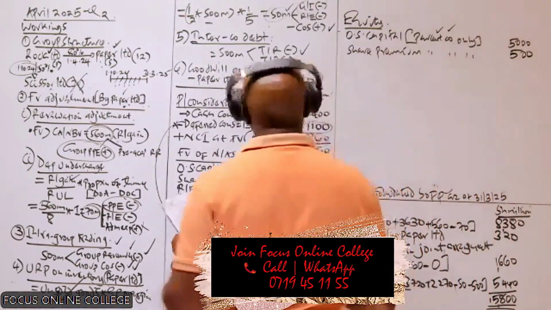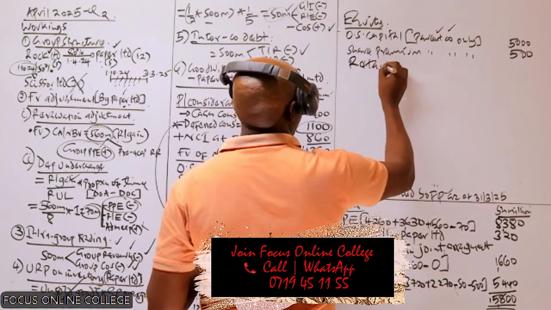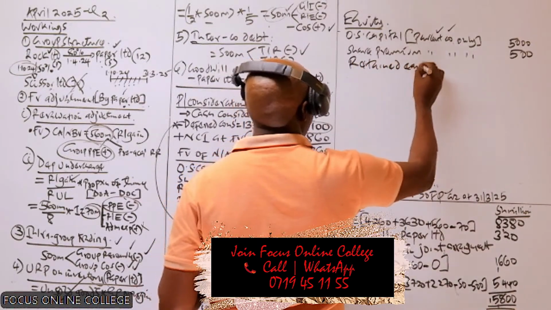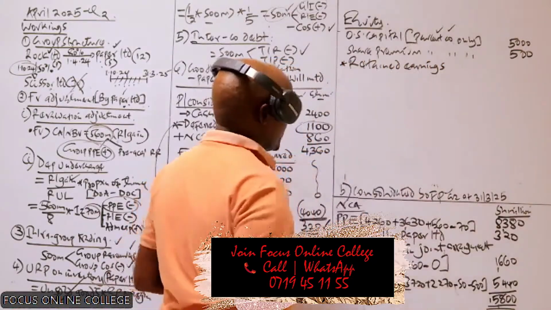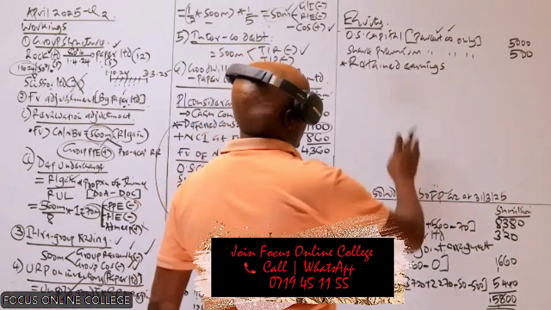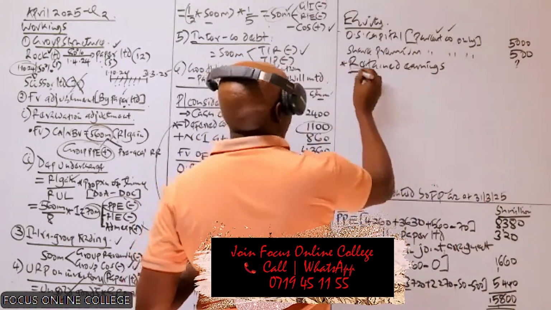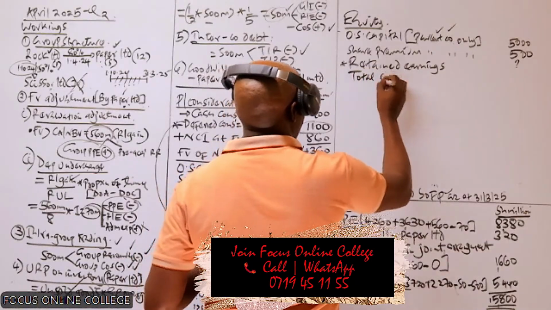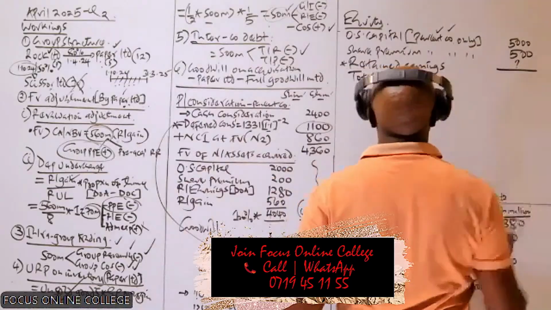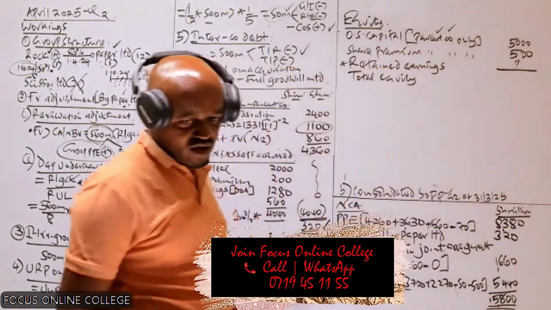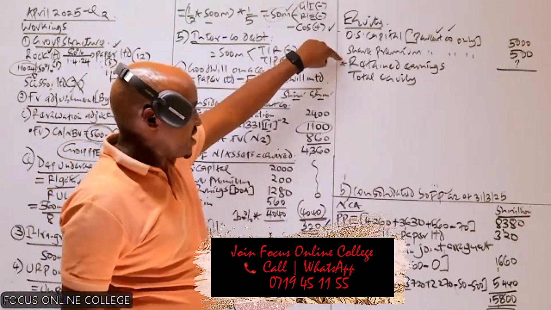Below that, we have the retained earnings. Retained earnings is one of the items which is a little bit tricky in terms of its computation. Maybe first of all, we can skip this one. We will come back and compute it. Then we will get the total equity. These are some of the items you don't have to compute first in an exam.